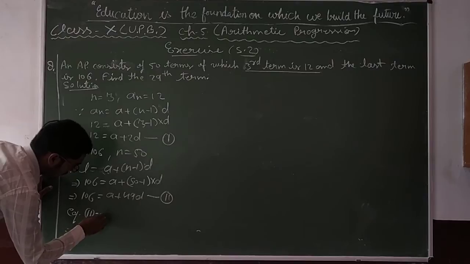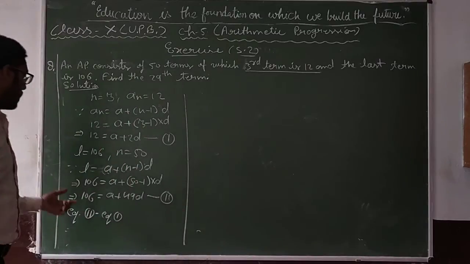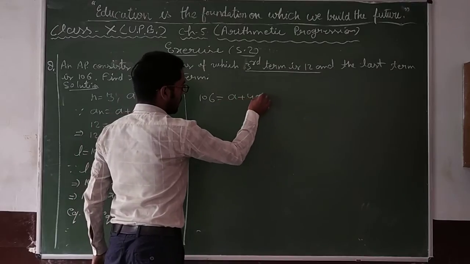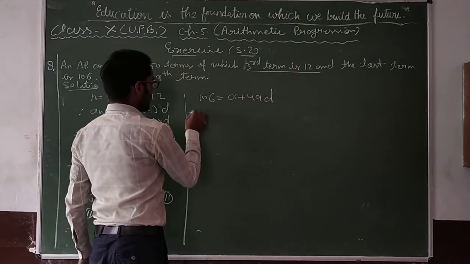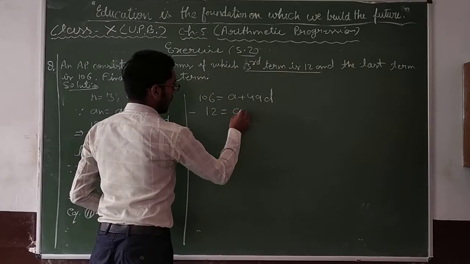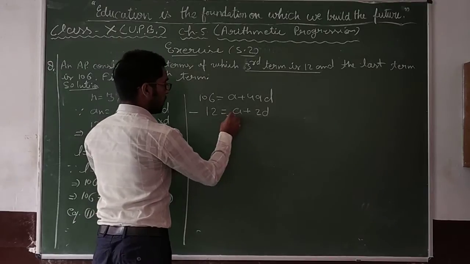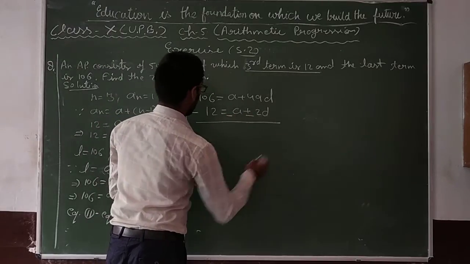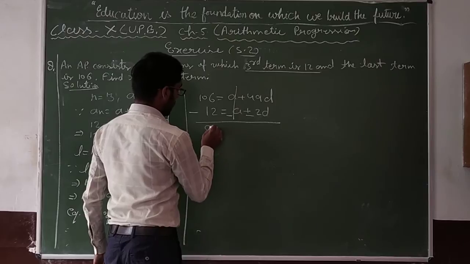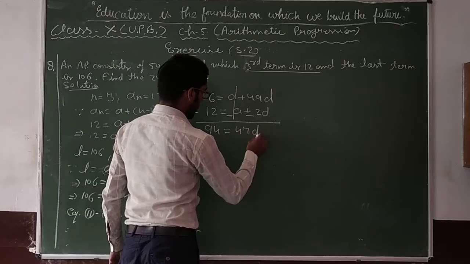With the help of the second equation you will solve it. Equation second minus equation first. Equation second, 106 is equal to a plus 49d, minus equation first, 12 is equal to a plus 2d, and subtract it, then put the sign minus, then a minus a cancels out. 106 minus 12, that is 94, is equal to 49d minus 2d, which is 47d.